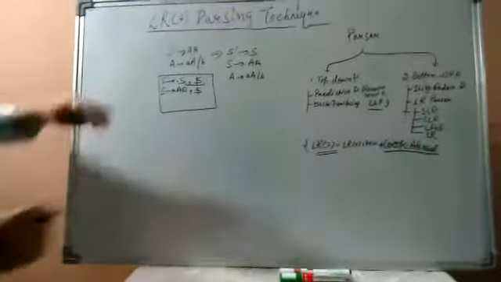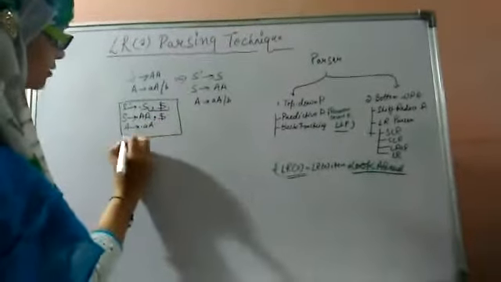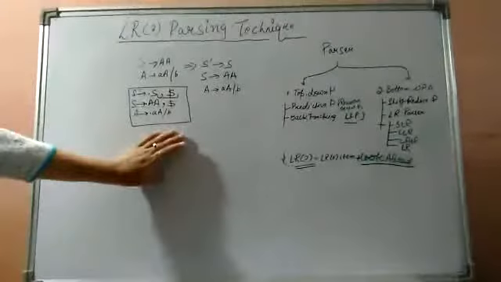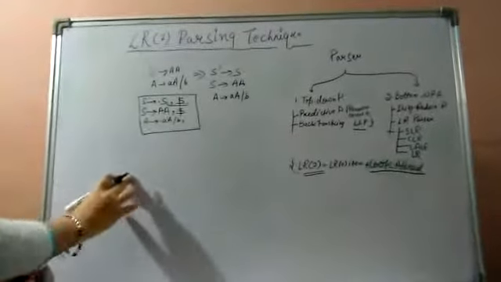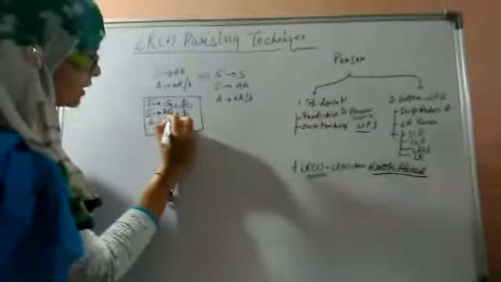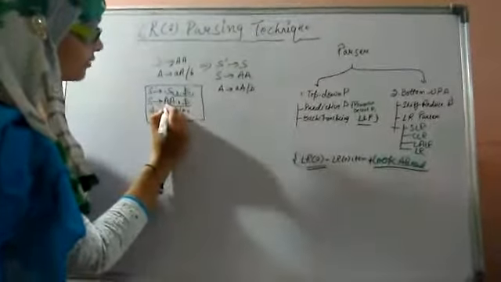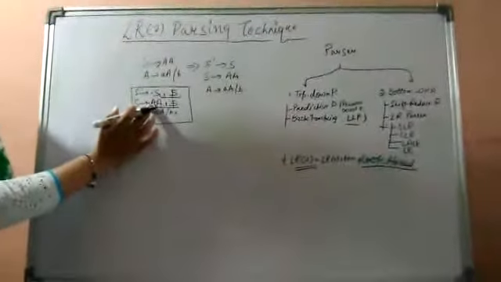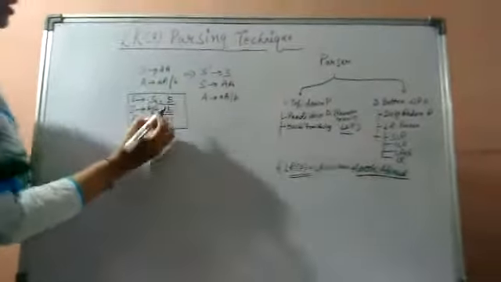And now the dot has been placed before the A. So we will add the production rules of A, writing them in this way. Now we are calculating the lookahead symbol for this. We calculate the first of the remaining symbols just after the A, which has been already written here.